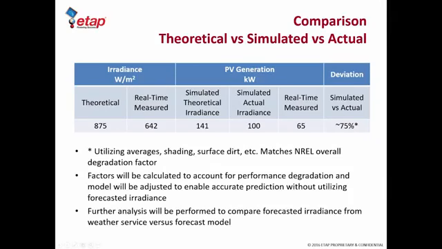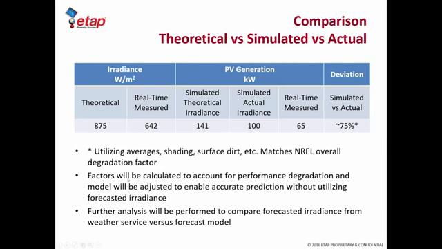There's also another factor, which is surface dirt, and other variables such as losses and things of that nature. But overall, over different time slices for that day, we have anywhere from 65 to 75% deviation from real-time measured versus simulated. And we kind of expected that, again, using that NREL factor.